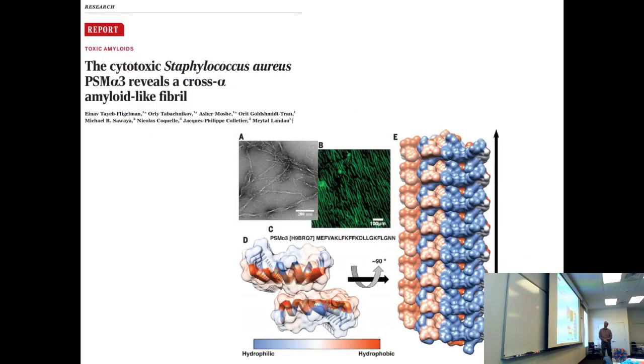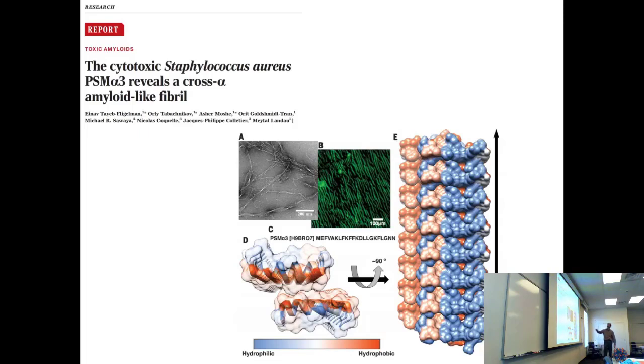Here's another one, Staphylococcus aureus. But I want you to tell me what's different about this one. This forms an amyloid-like fibril, so it's a repeating structure. It goes up and down, looks like the other one, but do you see the really weird thing right here? It's alpha helix. So somehow it's even able to happen with alpha helical structure under the right or wrong conditions.